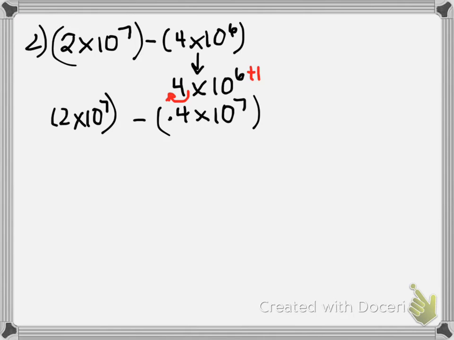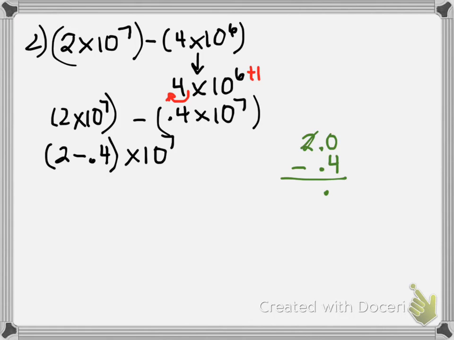Now I didn't have to do anything to the one whose exponent we were trying to match. He stays exactly the same. So now what I do is I grab the decimal parts, and I have 2 take away 0.4, and the times 10 to the 7th remains the same. So off to the side, I do 2.0 take away 0.4.